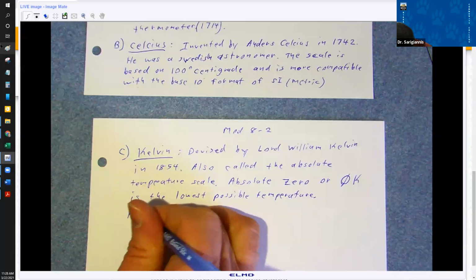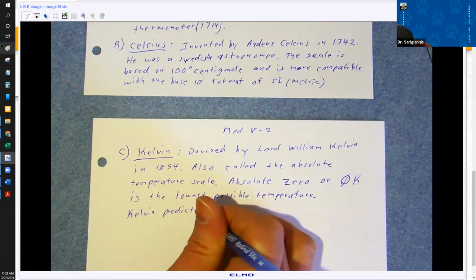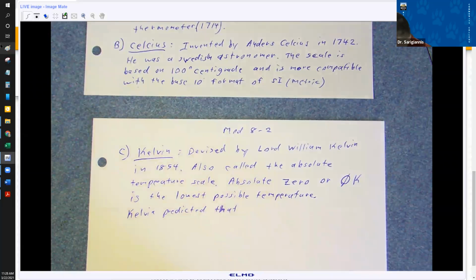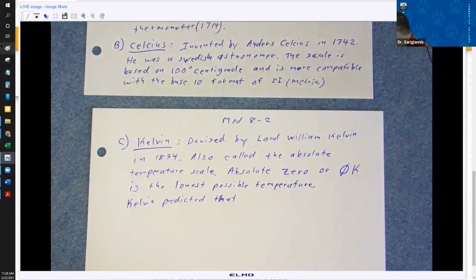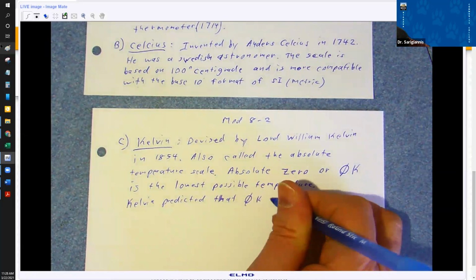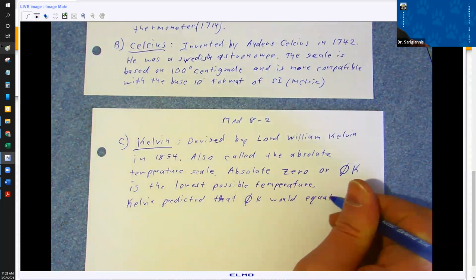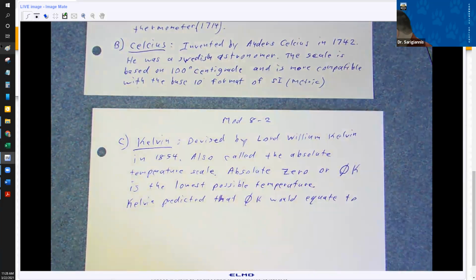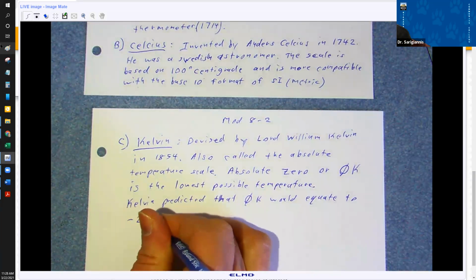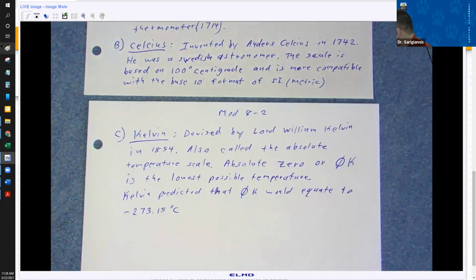Kelvin predicted that 0 degrees Kelvin would equate to minus 273.15 degrees Celsius.